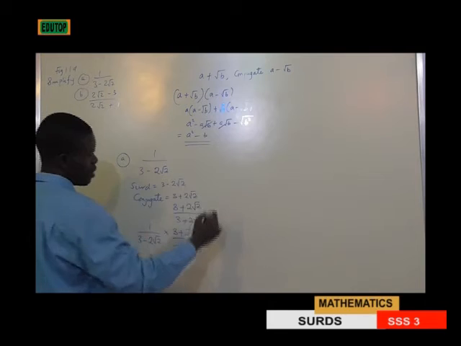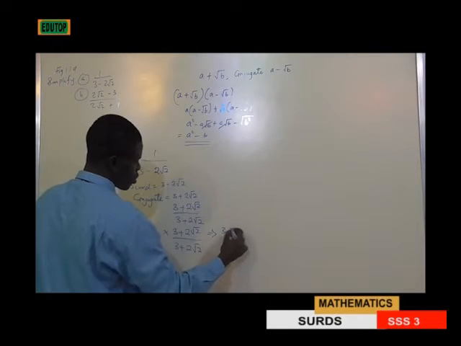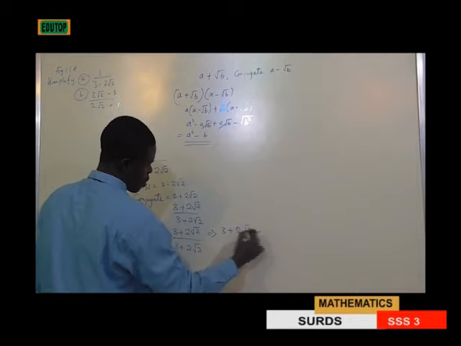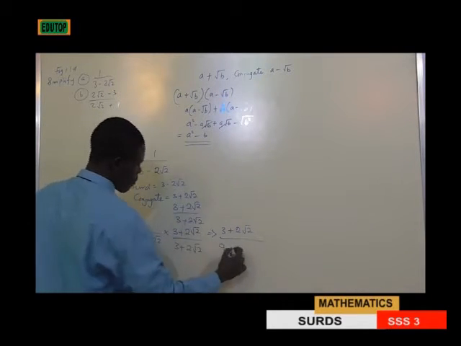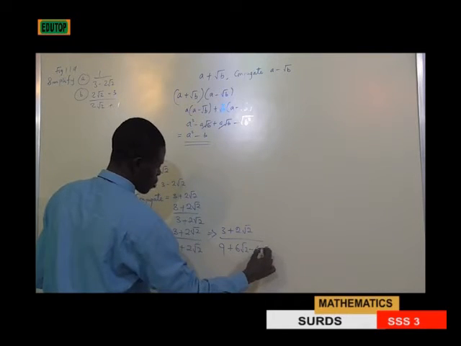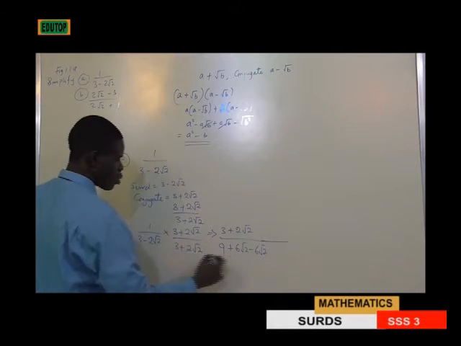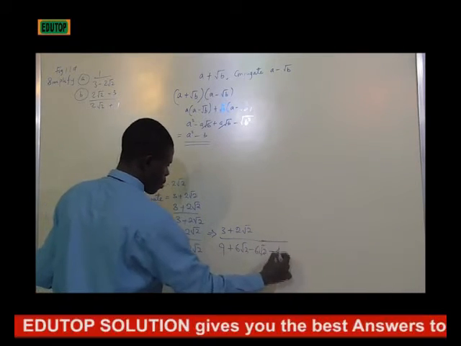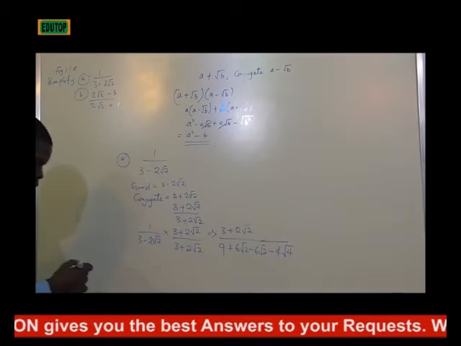This times this, we have 3 plus 2 root 2 over, this times this we have 9. This times this we have plus 6 root 2. This times this we have minus 6 root 2. Then this times this we have minus 4 root 4. So we have minus 4.